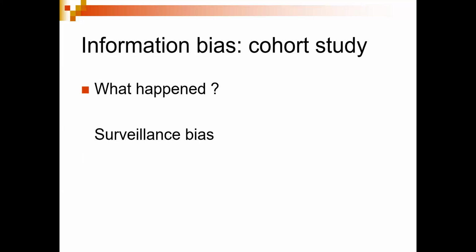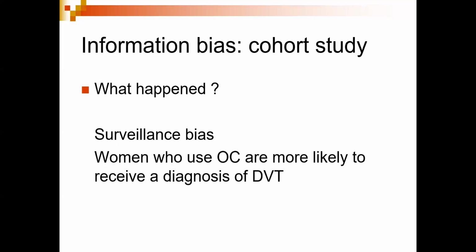By surveillance, I think we've discussed it in the surveillance lecture. Surveillance is mainly about monitoring. So by surveillance bias, what happens? Women who use oral contraceptives are more likely to receive a diagnosis of DVT. Why? Because as a clinician, as a doctor, if someone is taking oral contraceptives, they are likely to develop DVT.